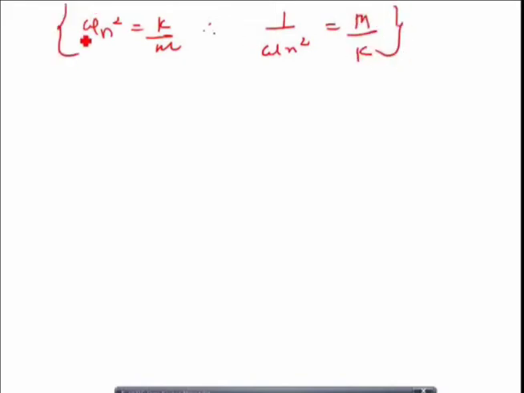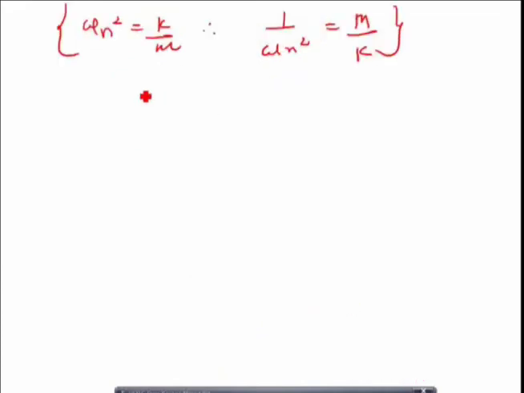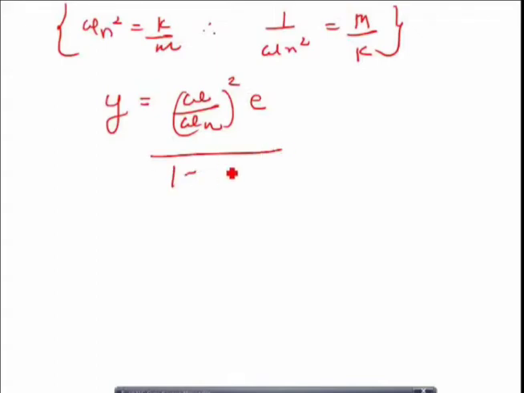You know that omega n square is equal to K upon m. Therefore 1 upon omega n square is equal to m upon K. This is what we know. So this m upon K is nothing but 1 upon omega n square. So I am getting Y is equal to (omega upon omega n) bracket square into E, divided by 1 minus again (omega upon omega n) bracket square.